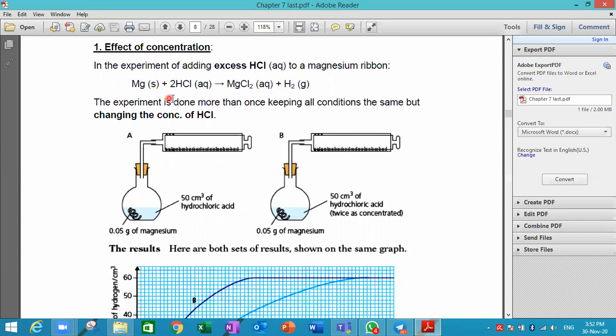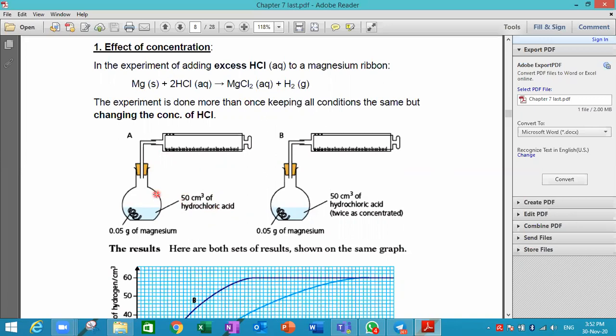For a fair test, to compare between two experiments or more, we can set all of the variables constant except only one variable that we want to investigate. So here I want to see if I change the concentration of hydrochloric acid, will it change the rate of the reaction or not?